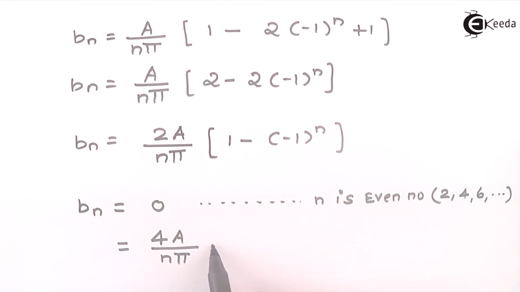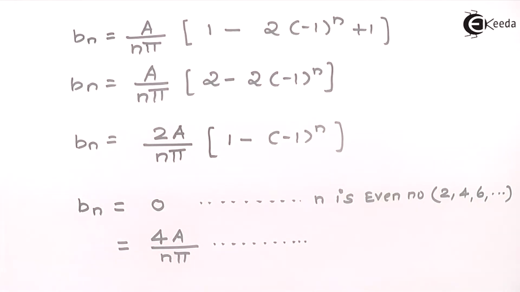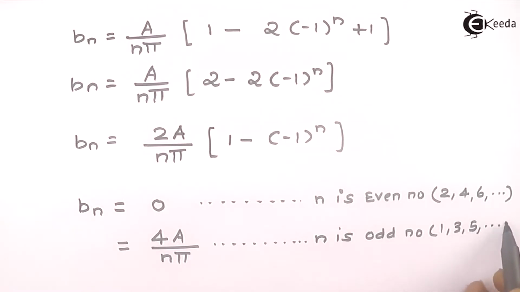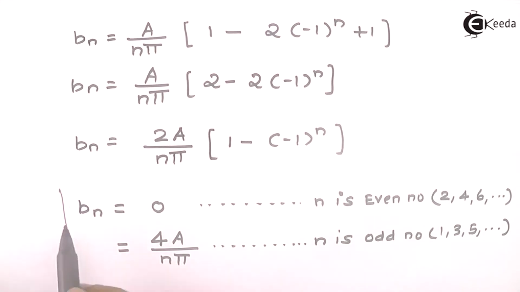And I'm getting this answer 4a divided by n pi if I have n as odd number, meaning 1, 3, 5 like this. So in the end I can say Bn having this answer.